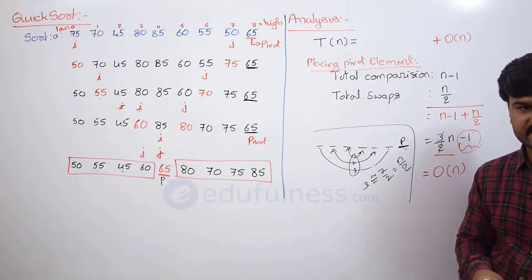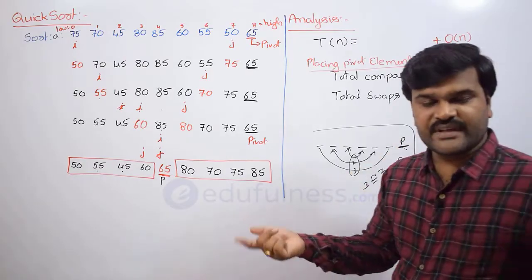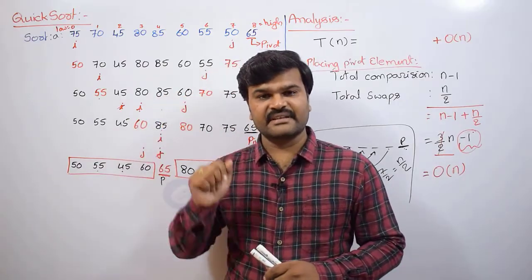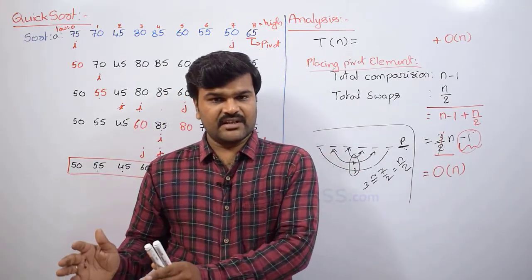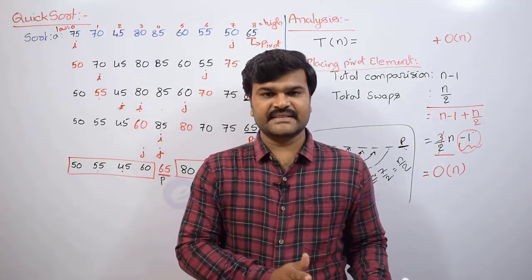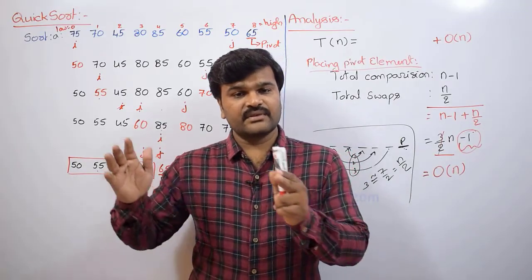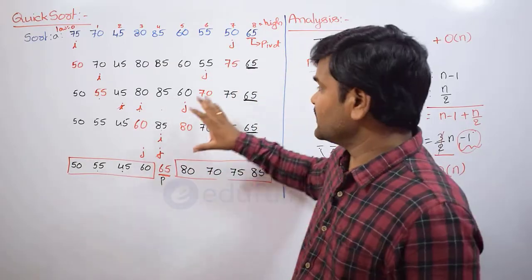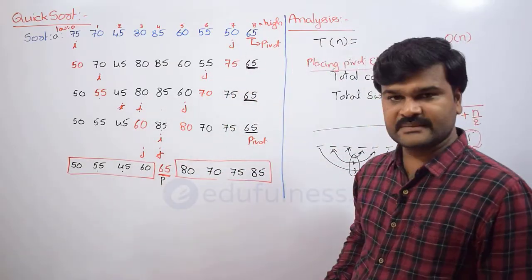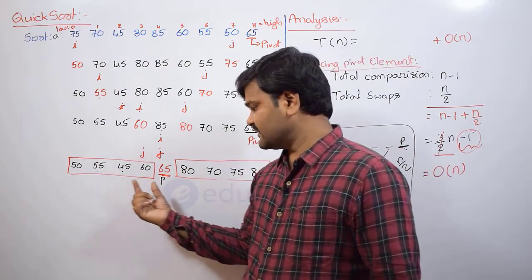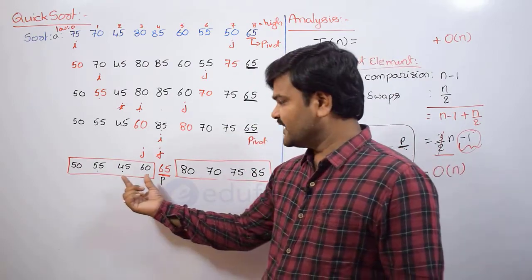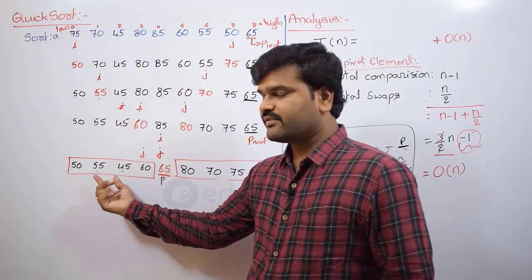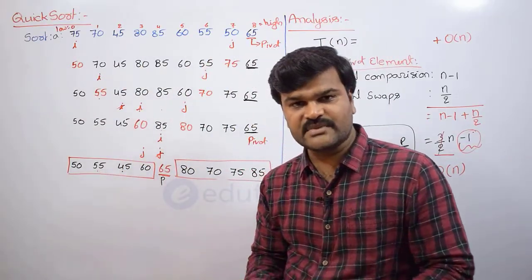Non-recursive code time complexity. If you recall our discussion on time complexity, whenever you have a recursive equation or recursive code, the non-recursive code time complexity is separate from the original algorithm's time complexity. So here, in the non-recursive code you don't have any recursive work, but elsewhere you have recursive work. Is it or not? Recursive work means for 9 elements what you did, for 4 elements you are going to do the same thing.